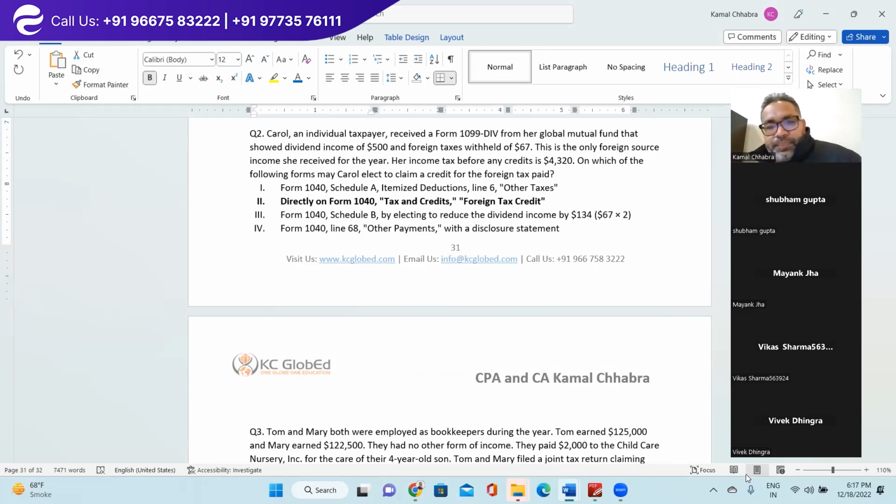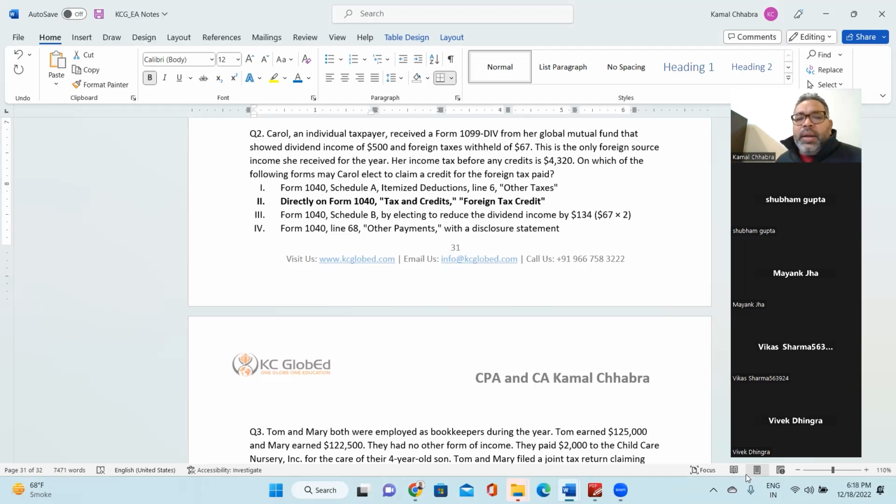So Carlo has a mutual fund from a foreign company in which he has received $500 as a dividend income net of withholding tax of $67. This is the only foreign source of income she received for the year.